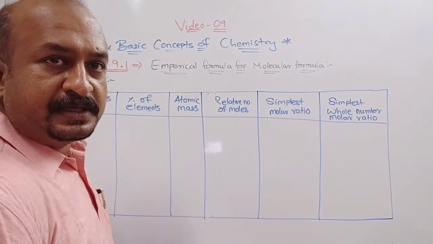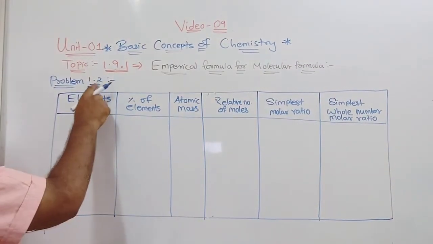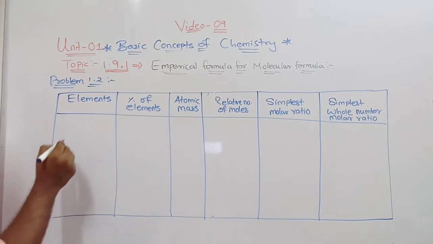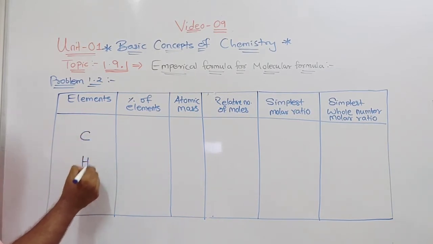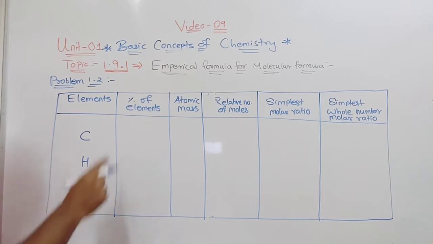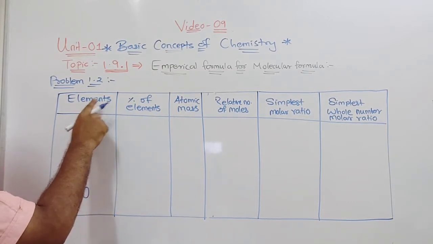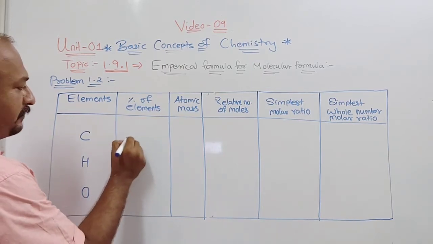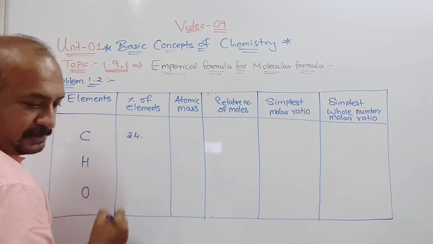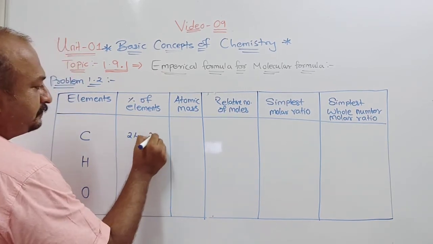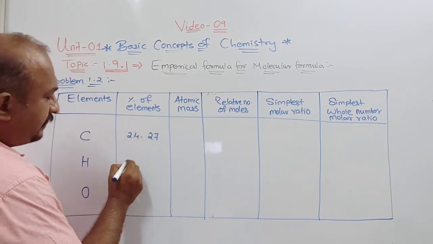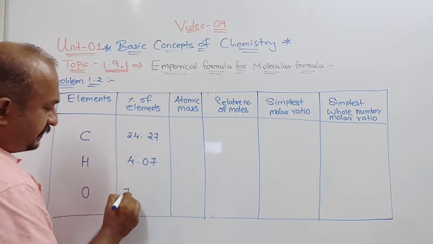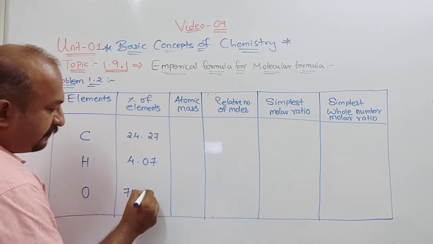Okay, now you can see here, that is what I am talking about, problem 1.2 in your textbook. Now in that, 3 elements are there, that is carbon, hydrogen and chlorine, and percentages are given. So the first column is the element, the second column is the percentage of element. So in that, carbon is given 24.27%, right? Hydrogen is given 4.07% and chlorine is given 71.65%.